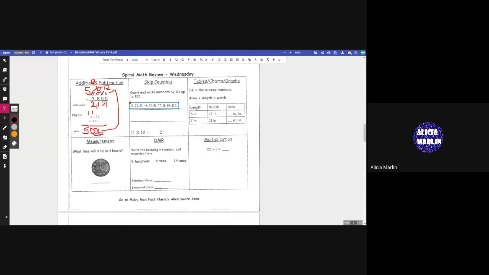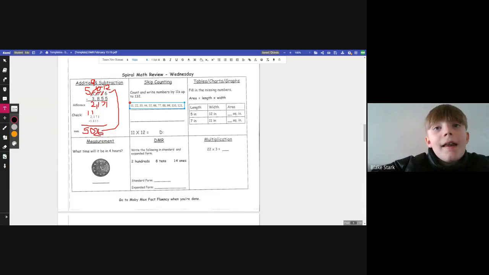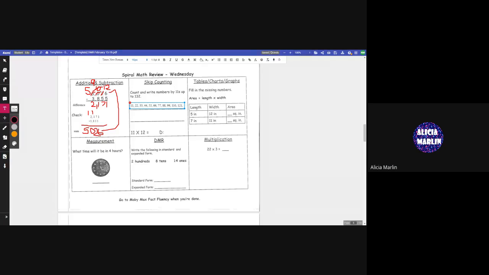Not 122. 120? No, just 11. 121, yep. If you take 110 plus 10 would be 120. So 11 would be 121. So take 121 and add 11 more. What do you get? 132. Very good.